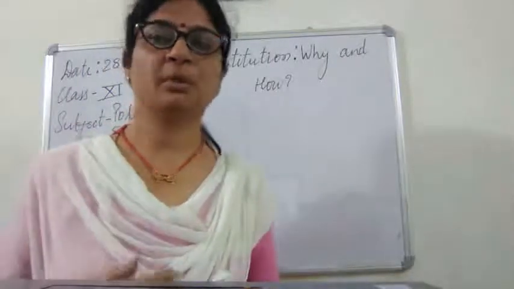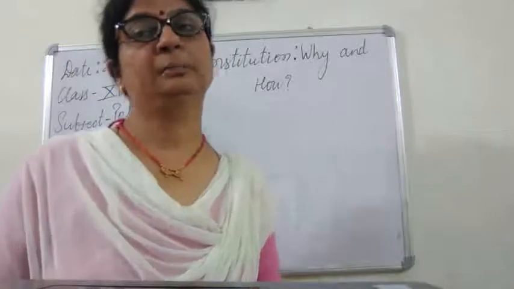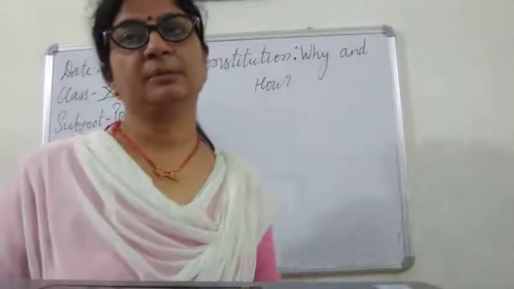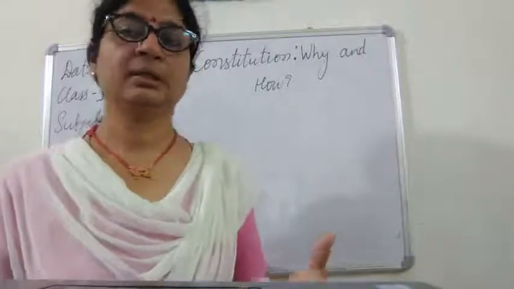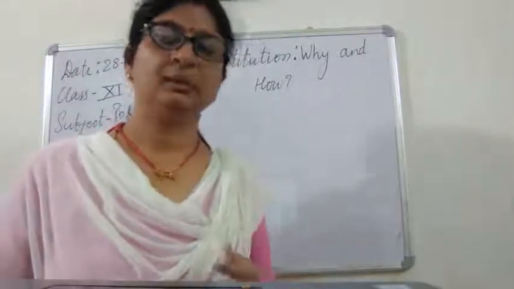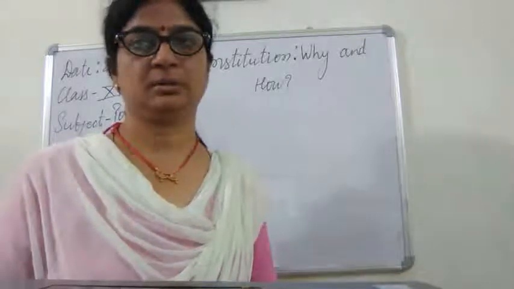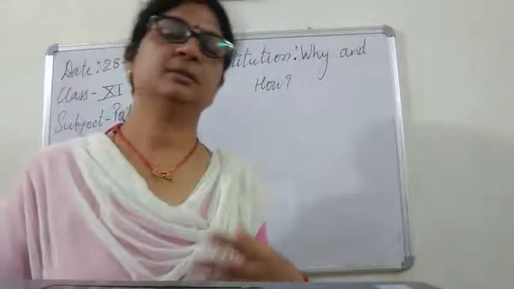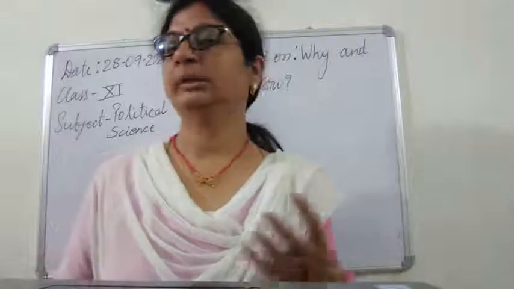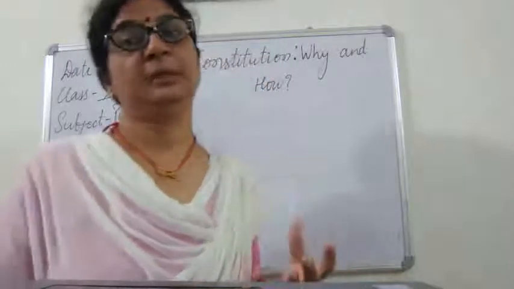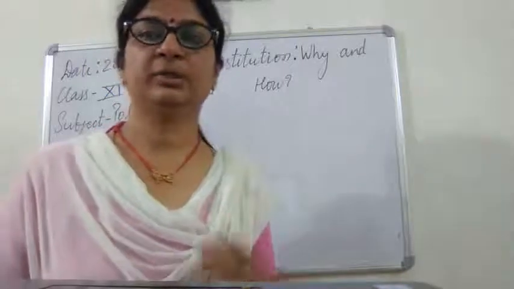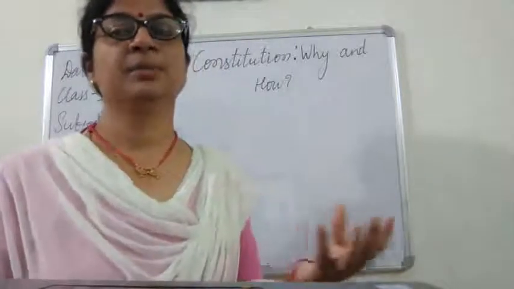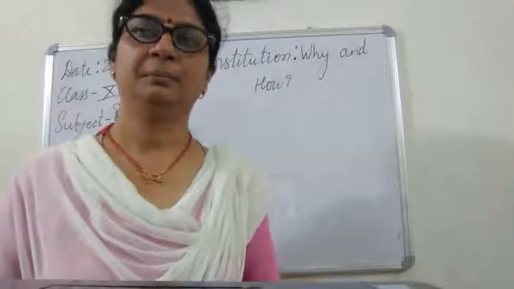But the most common limitation on the powers of the government is the fundamental rights of the people, which are given to people through the constitution. So these fundamental rights put restrictions on the powers of the government. The government cannot make any law which is against the fundamental rights of the people.